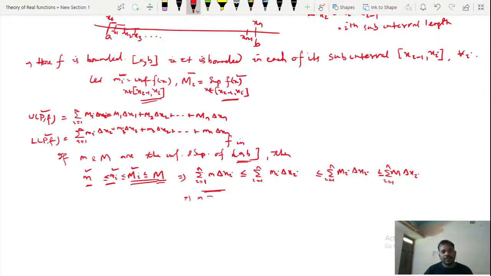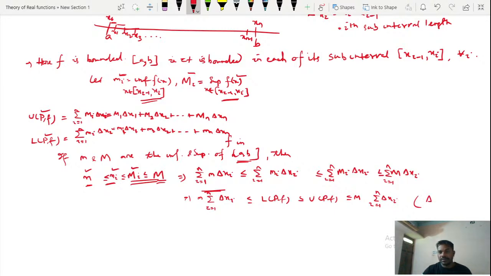The m can go outside of the summation, I from 1 to n, and then this is simply del xi, and this is your LPF, and this is your UPF. Similarly, capital M goes outside of the summation, I from 1 to n del xi. This summation is your b minus a.